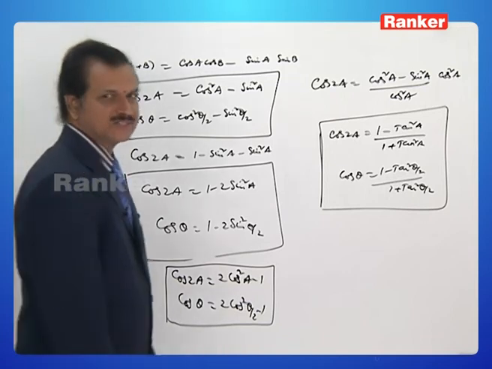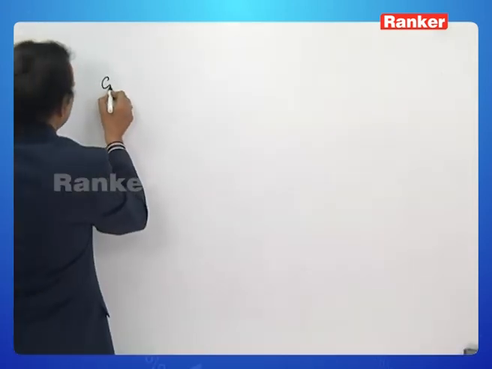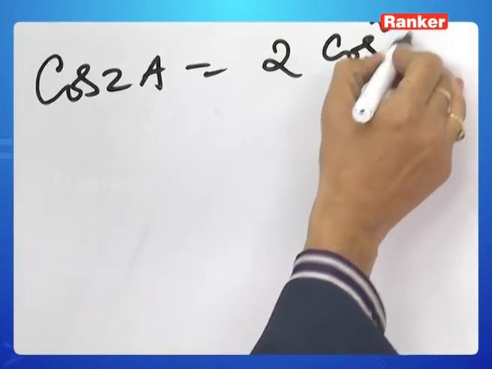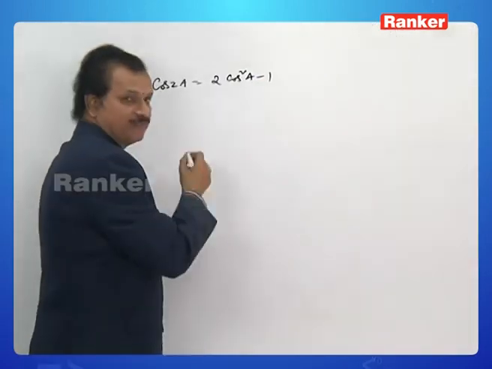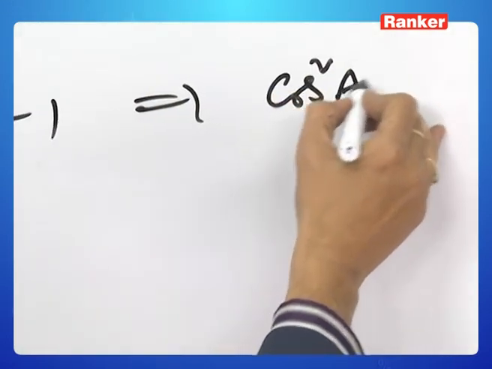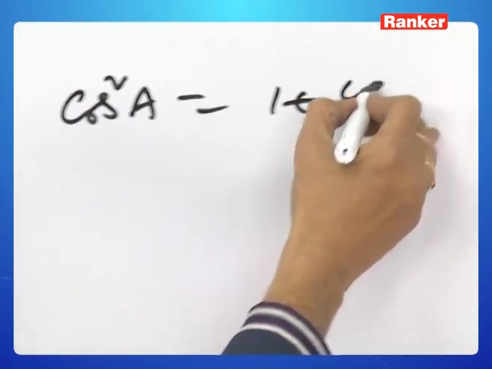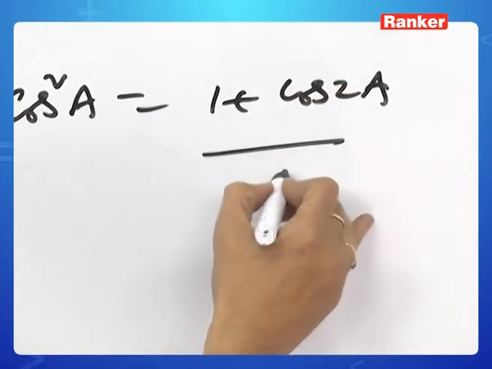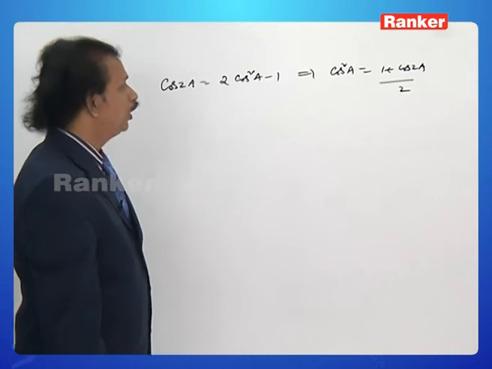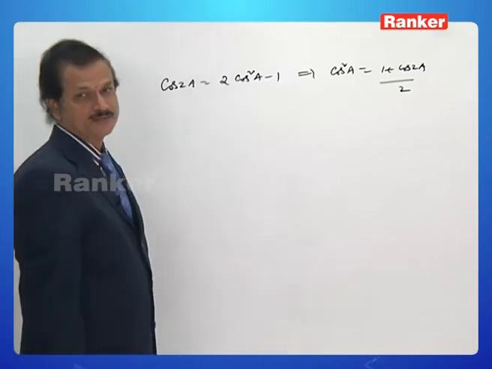What are they? Let us observe. We have cos 2A is equal to 2 cos square A minus 1. From this, try to write cos square A, 1 plus cos 2A by 2. You can write.